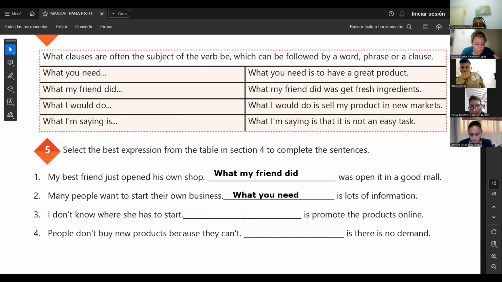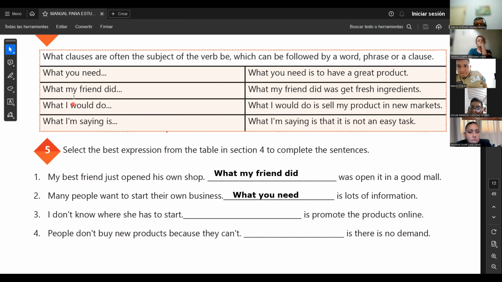Thank you, Sarah. Melvin, can you read 3? I don't know where she has to start. Each promote the products online. What you need... It could be "what you need."